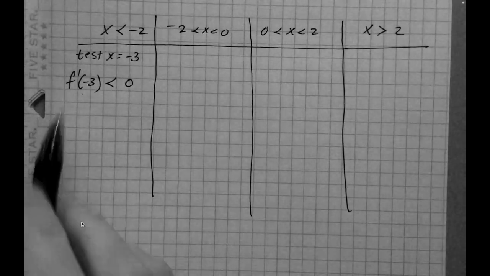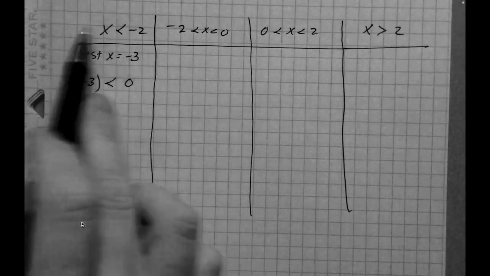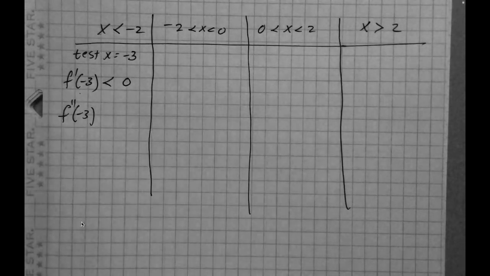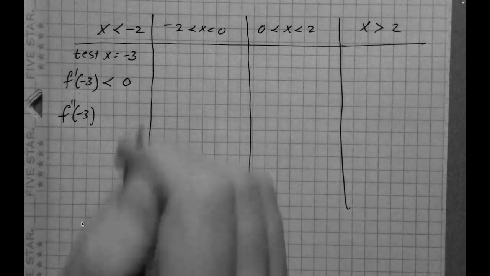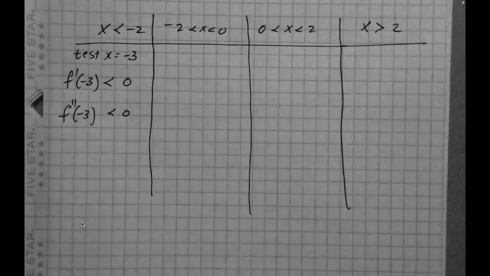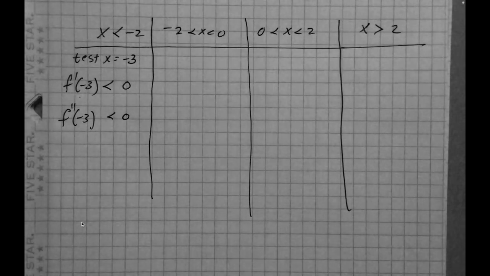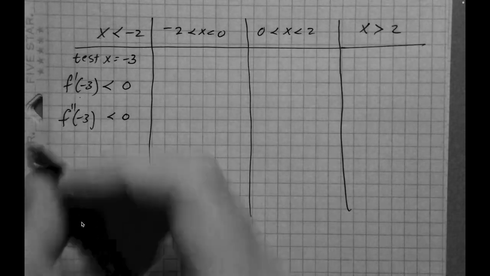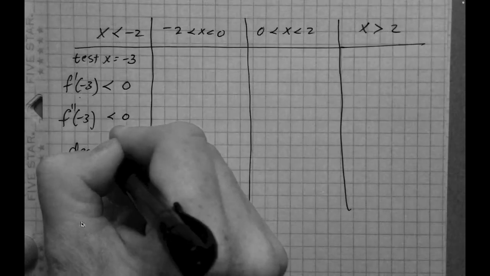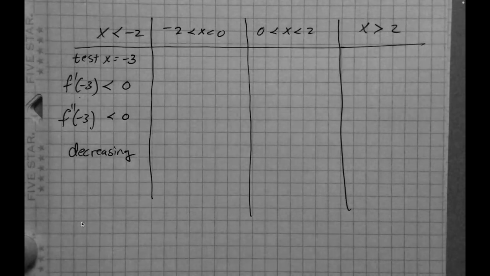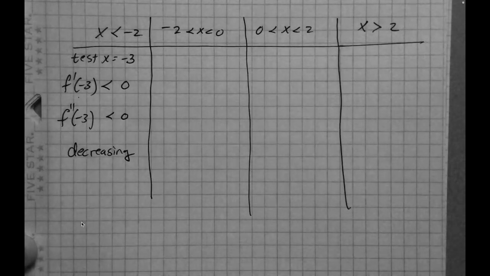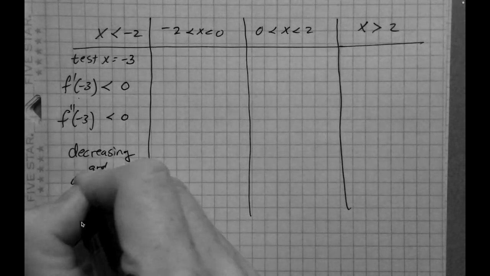So if the first derivative is negative in this region, okay, what about the second derivative? Again, do the same thing, and you'll find that it also is negative. Okay, and so what does this tell us? Well, when the first derivative is negative, that means it's decreasing. And when the second derivative is negative, that means it's concave down, right?